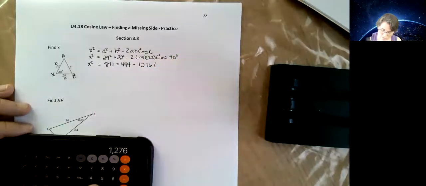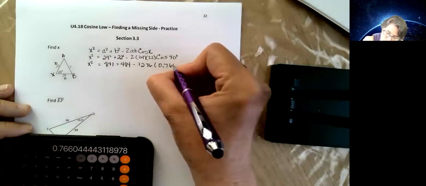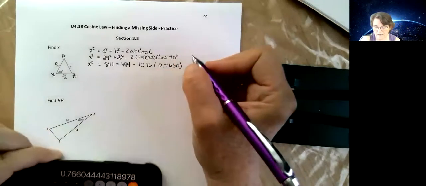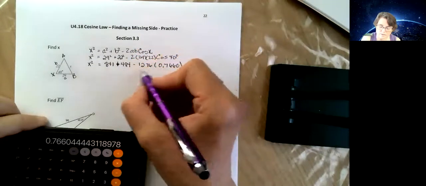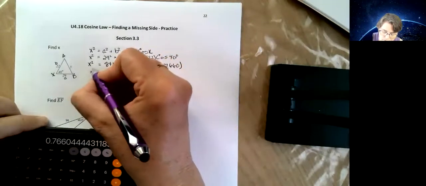And then we can do cos of 40 while we're at it, 0.766. Whoops, messed up there. So signs come down: this one's a plus, this one's a minus. So we can put these two together.